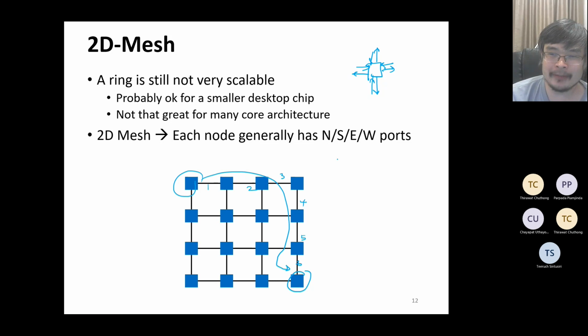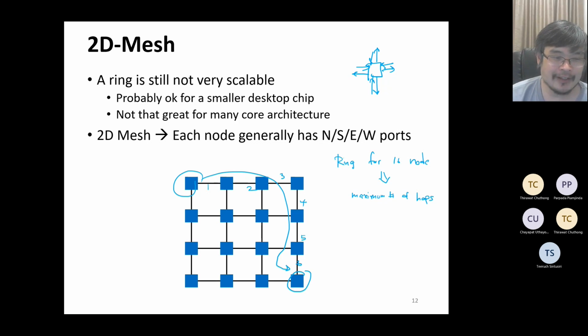Because if you look at a ring, right, for 16 nodes. So let me ask this first question. What's the maximum number of hops that you can run into if you connect 16 node ring? Someone tell me, what's the longest distance I have to go through if I connect 16 CPU core with a ring?